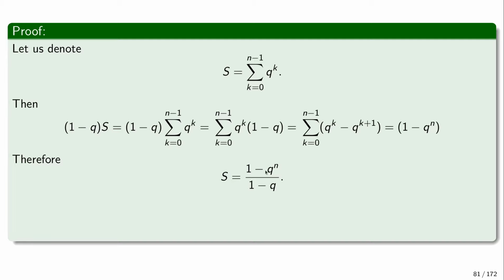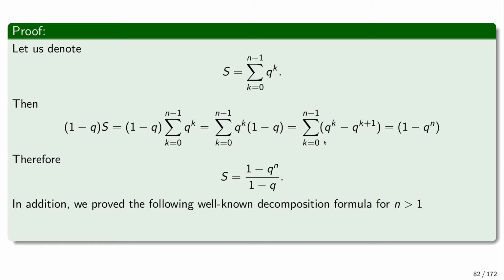So we've used the formula for the telescoping series to derive the formula for the sum of the geometric sequence, which is very useful. And on top of that, this is valid for q which is not equal to 1, and as q approaches 1 the limit here is n. But there's another formula that is valid for every q, right?